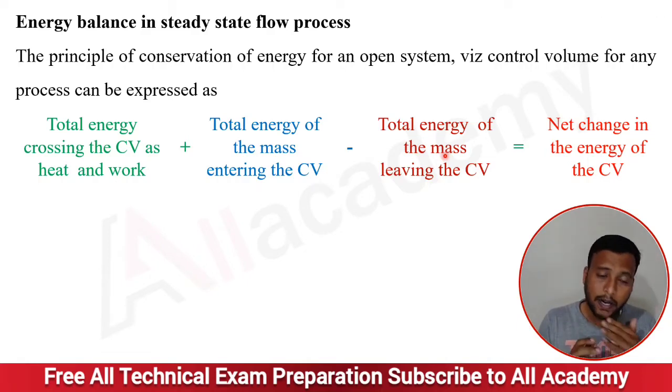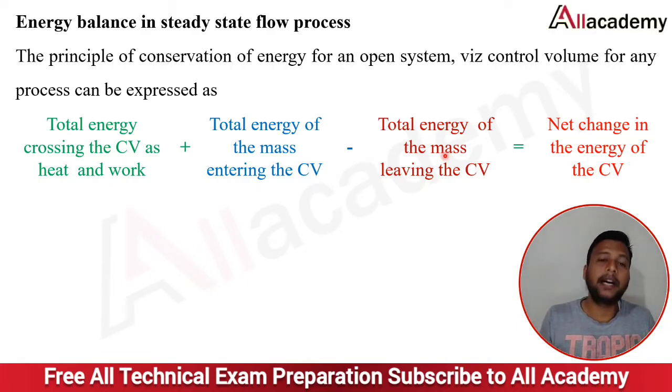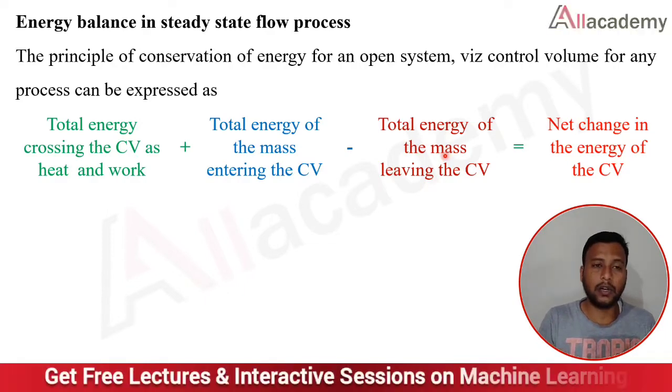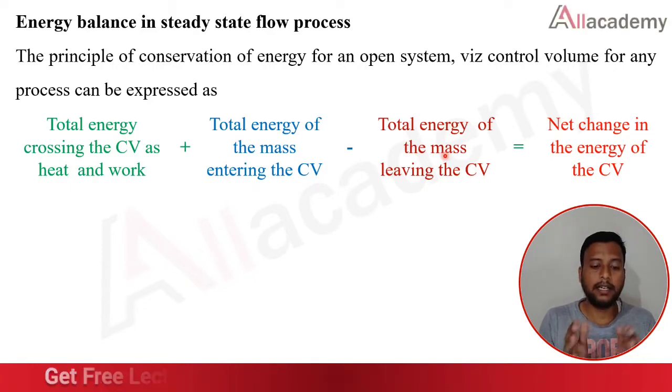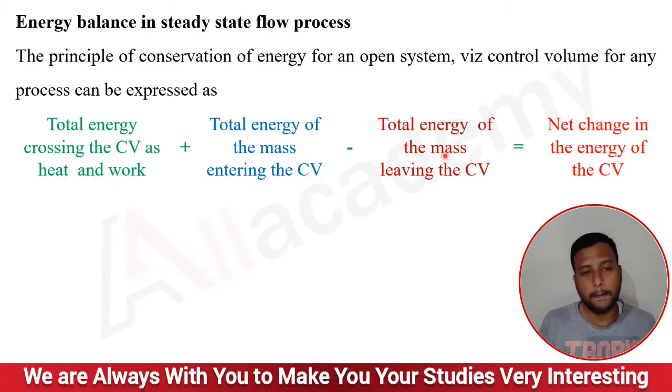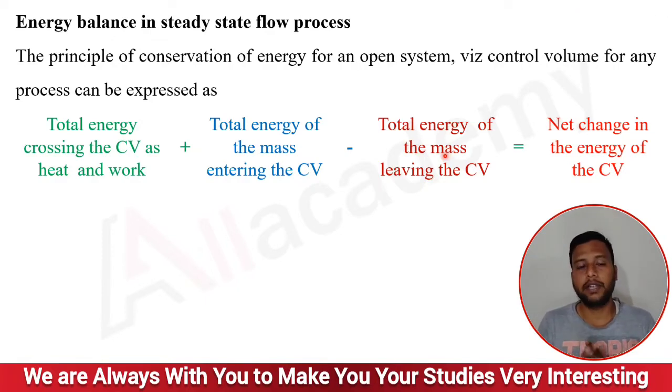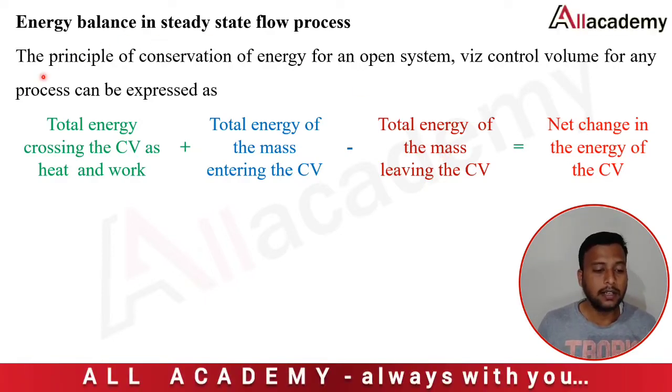It means that if I want to identify the energy in the control volume, it is nothing but the sum of the total energy crossing the control volume in the form of heat or work, plus the net change in the mass crossing, entering or leaving the volume. So that is the energy balance in the steady flow process.